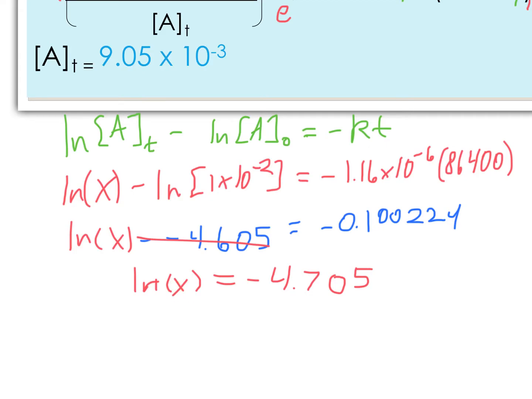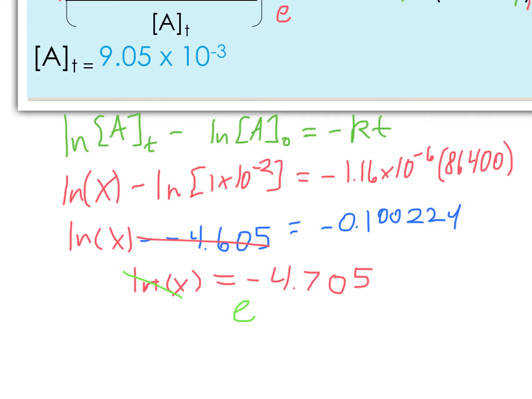To get rid of the ln of x, I take the other side, e to the power of negative 4.705. Look on your calculator. If you hit second ln, that'll give you e to the negative 4.705.